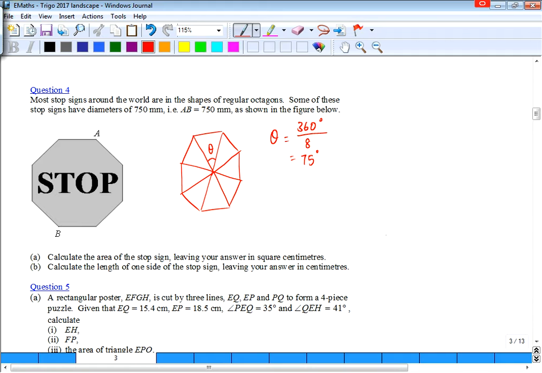Correct? Oh, it's not 75. It is 45 degrees. Right?